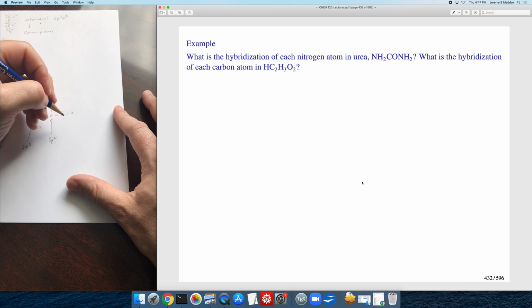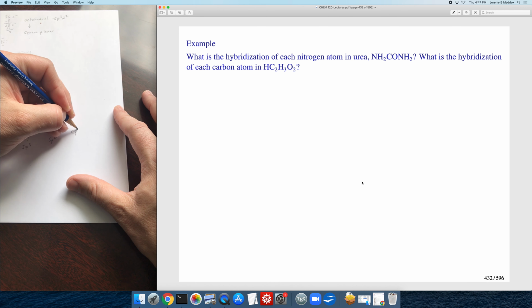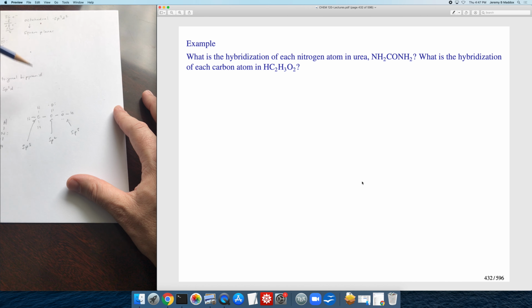For the oxygen, we call it sp3. Count up the electron pairs, 1, 2, 3, 4. Okay, so that's tetrahedral, sp3 hybridization. For the carbon here, 1, 2, 3. Trigonal planar geometry, we associate that with sp2. Like I said, we'll talk about multiple bonds in the next video.